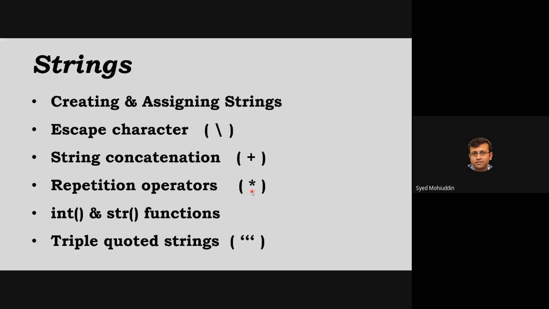Inside those methods, to describe what that class is or what those methods do, we will be using triple quoted strings. These triple quoted strings are sometimes also known as docstrings, which stands for documentation strings. So strings can be created in three ways: in single quotes, in double quotes, and using triple single quotes as well as triple double quotes.